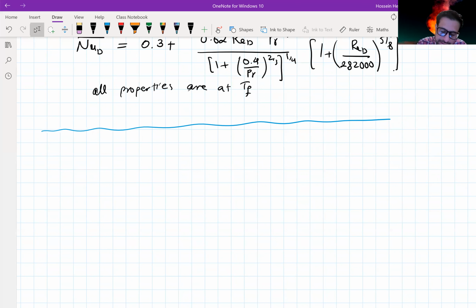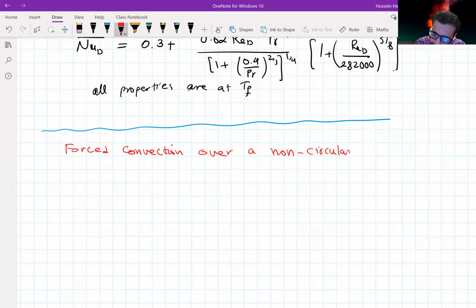Another part is if we have a non-circular cylinder. So let's look at forced convection over non-circular cylinders.